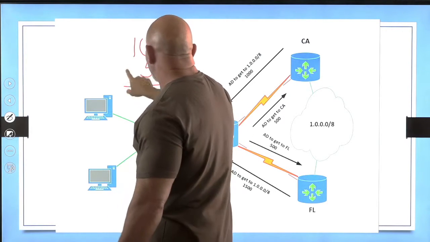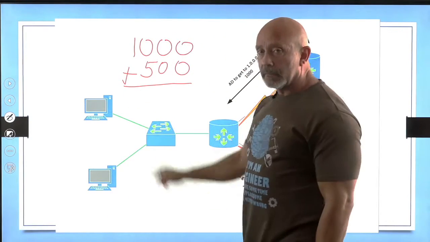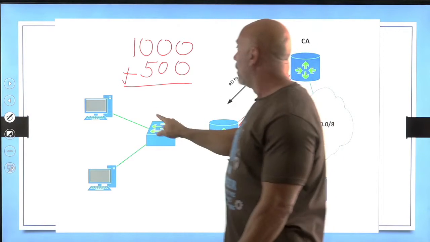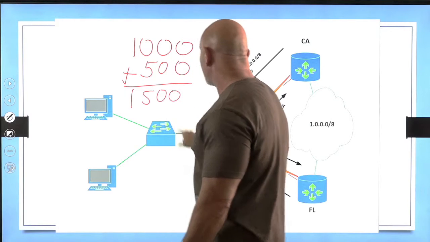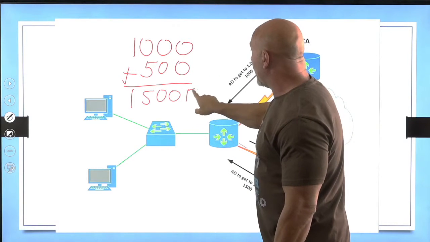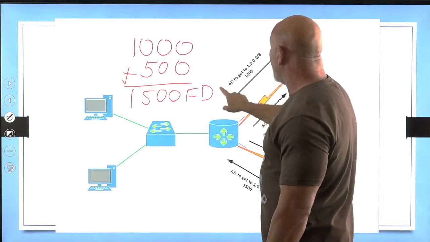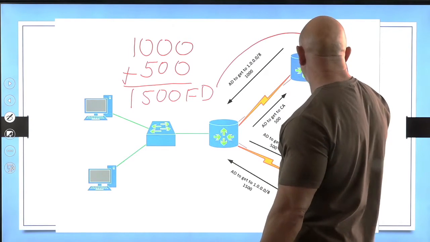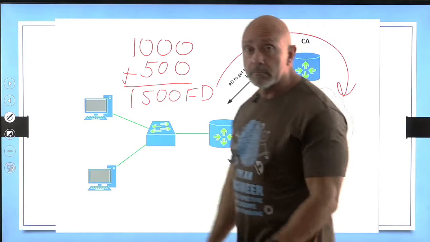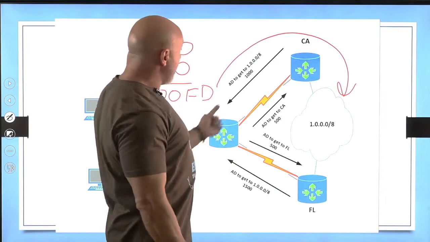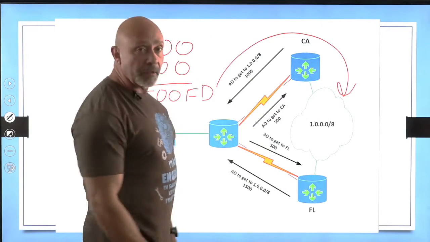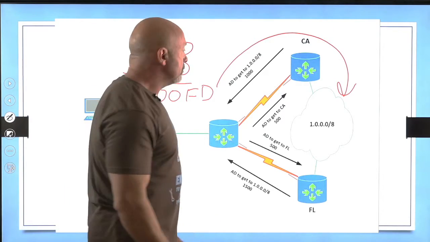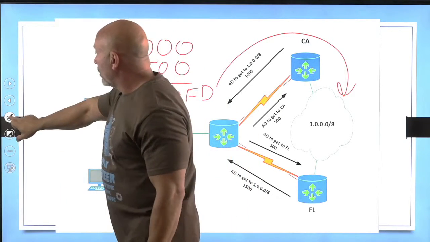I add those two, that is a plus symbol, and I get 1,500. That gives me a feasible distance to get to that network. So if I go through California to get over here, that's going to cost me 1,500. Not a problem.